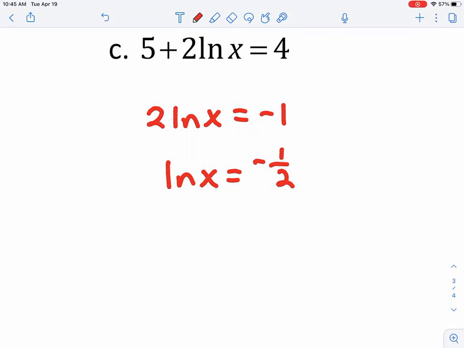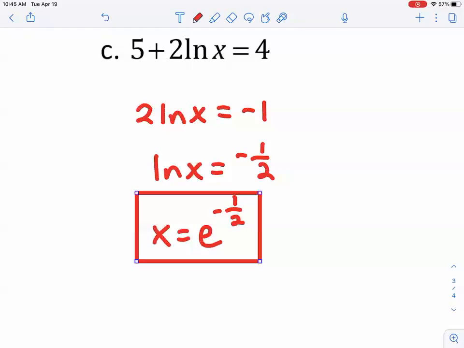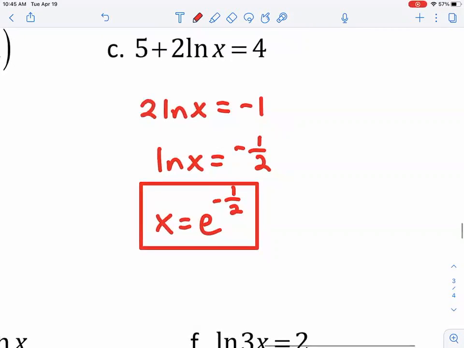And now we have to write it in exponential form. Remember, our base is e. So this in exponential form is x equals e to the -1/2 power. That would be our exact answer. And we could get a decimal approximation for that.